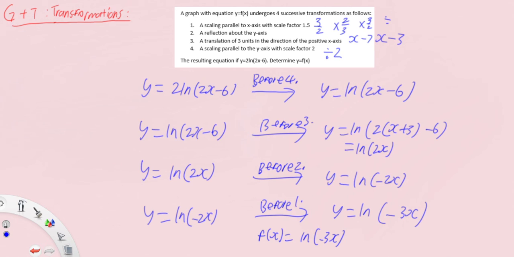You just reflect back the axis, which is again applying the minus sign as well. Scale parallel to x-axis, where you would multiply by 2 over 3, which means to reverse it, you must multiply by 3 over 2, or divide by 2/3, which is the same thing as multiply by 3 over 2. Alright, so there we have it, the reverse and working backwards.